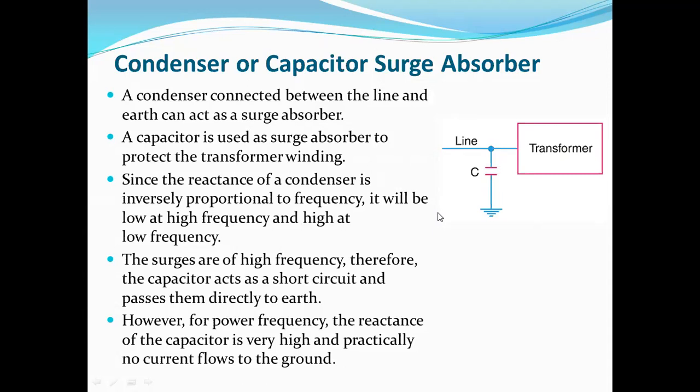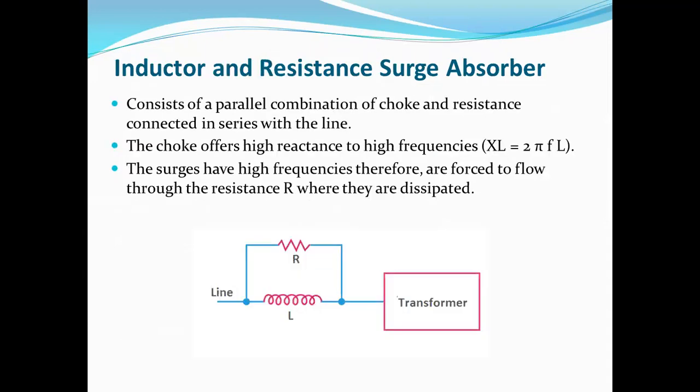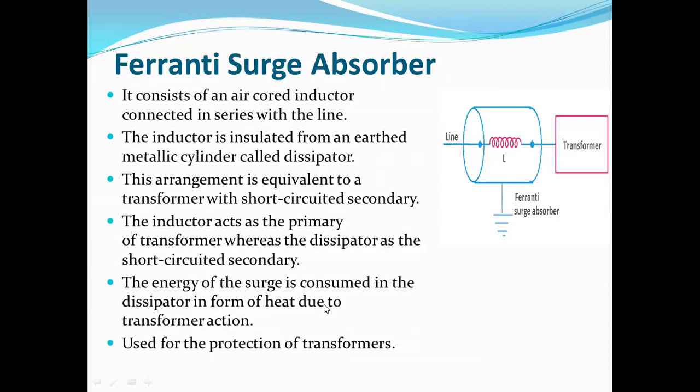Then the second type is the inductor and resistance surge absorber. Here we simply use one inductance and one resistance to absorb that over voltage. The third type is the Ferranti surge absorber. Here also we use one inductor, but there is one insulated cylinder like structure, and it is earthed.